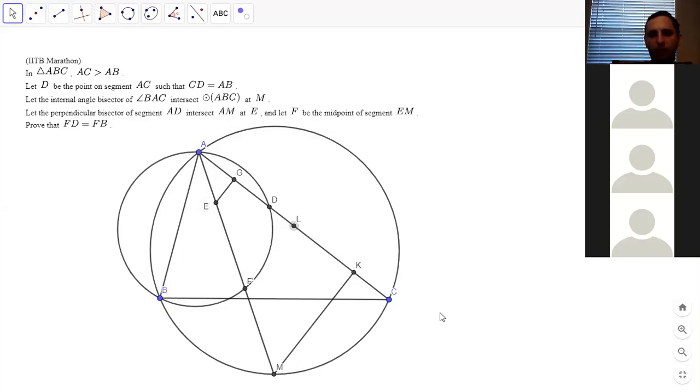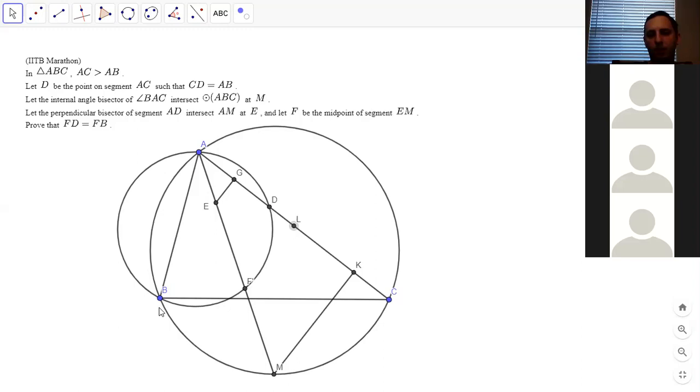We know AD, and we can compute KC. Because AD is AC minus AB, right?